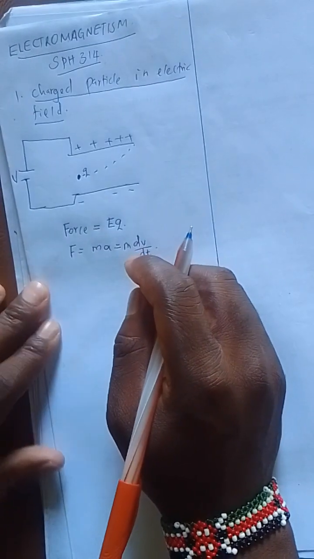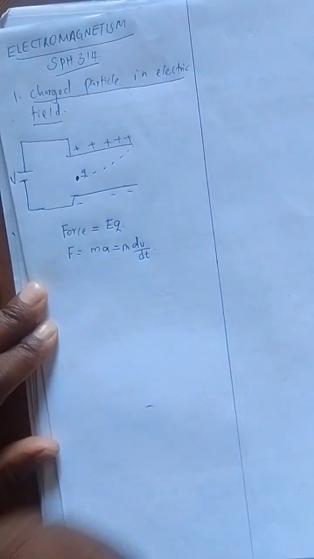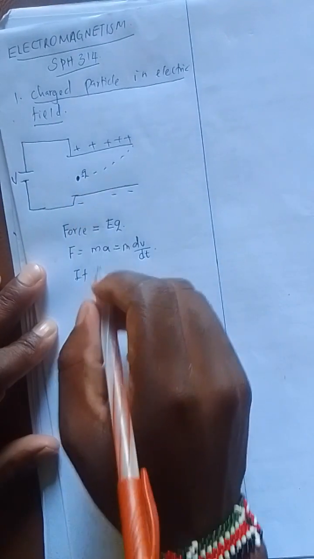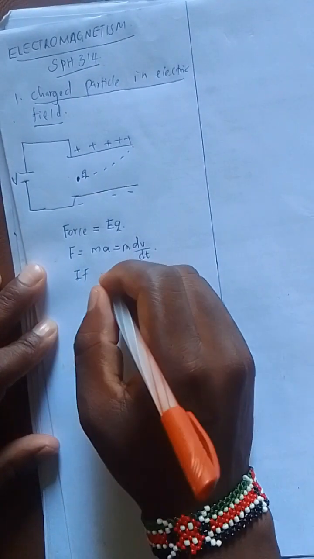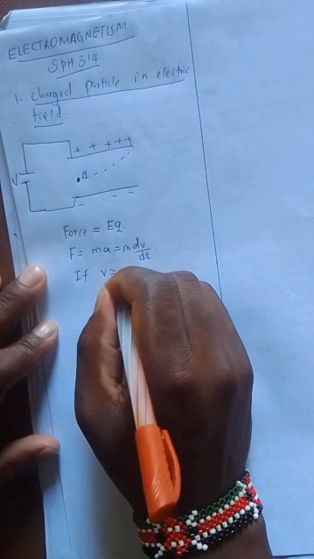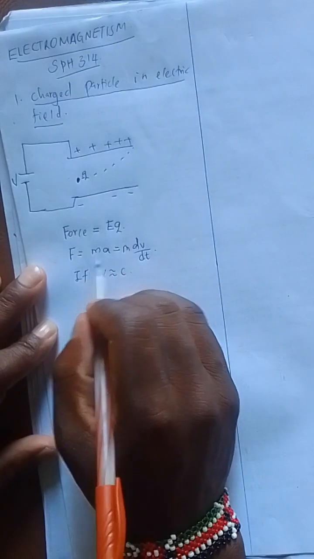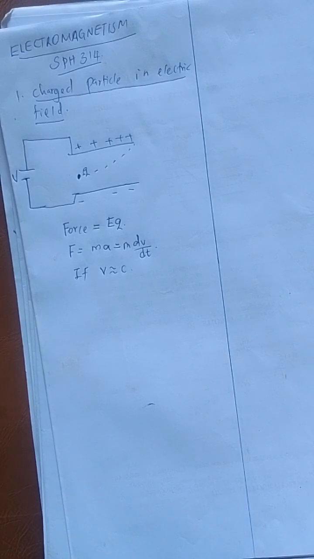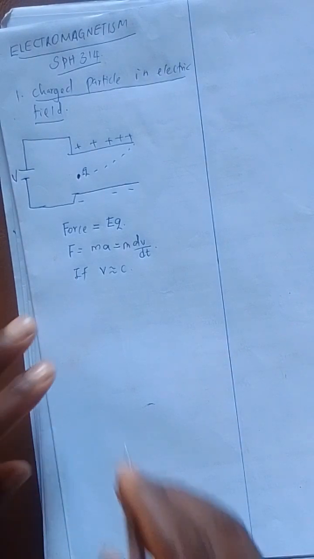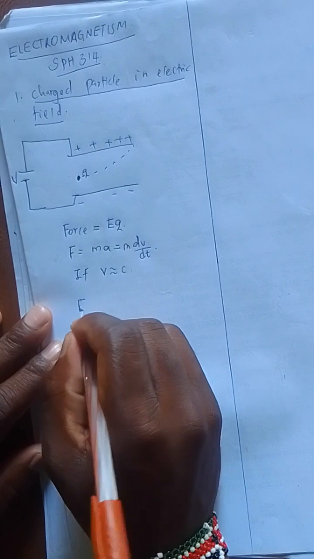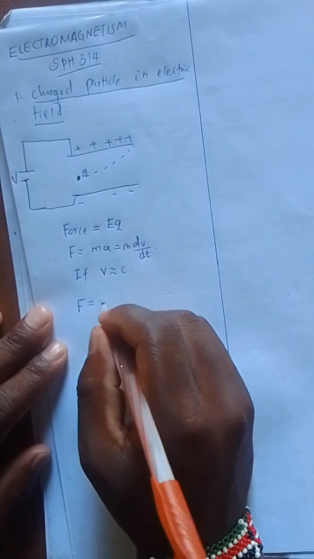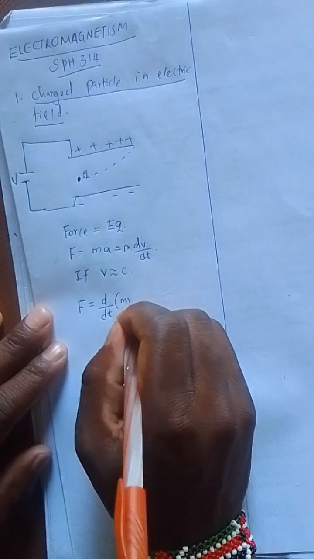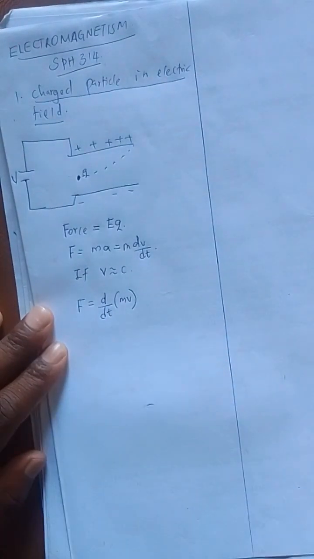Again, that is if velocity is the factor that is changing. So if our charged particle is moving at a velocity near that of light, both the factors will be changing. That's according to Albert Einstein's theory of relativity. And therefore, we are going to say force will be equal to the change in mass and velocity. Both factors will be changing.